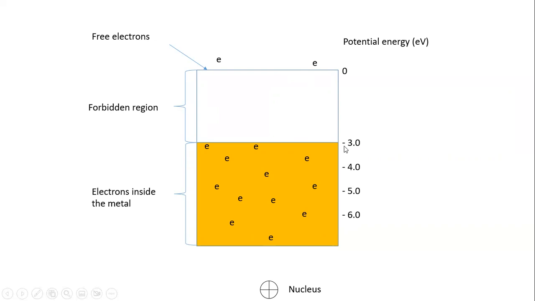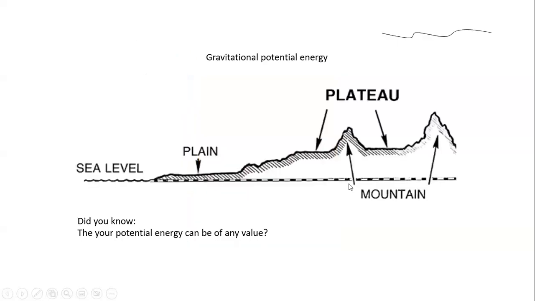Most of the time students will ask, why is the potential energy negative? To explain this, let's consider the case of gravity. You can have any amount of potential energy depending on where you are on the surface of the Earth, for example at sea level, and so on, up to a certain maximum.